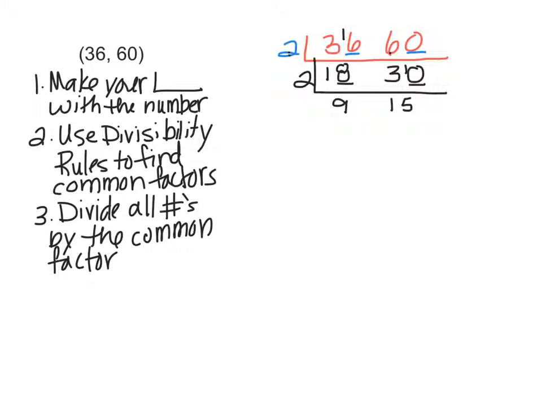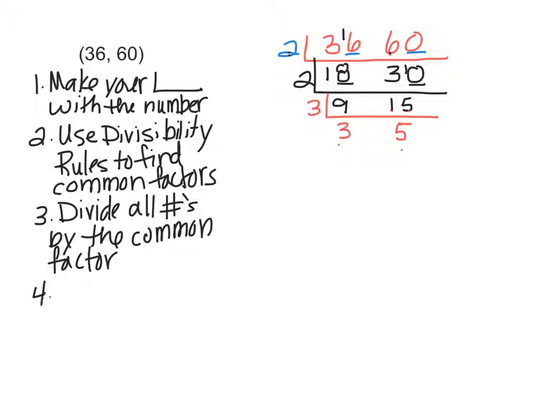When we add the sum of 1 and 5, you get 6, so 3 is going to work. So 3 goes into 9 3 times, 3 goes into 15 5 times. Since these two are both prime numbers and they don't go into each other, we have to stop.